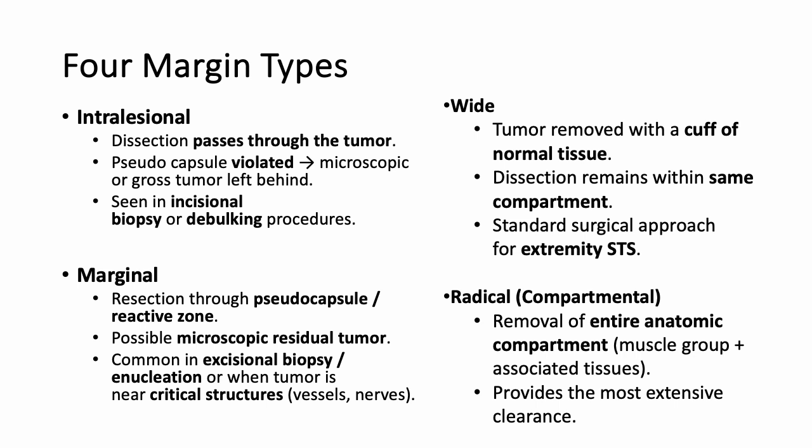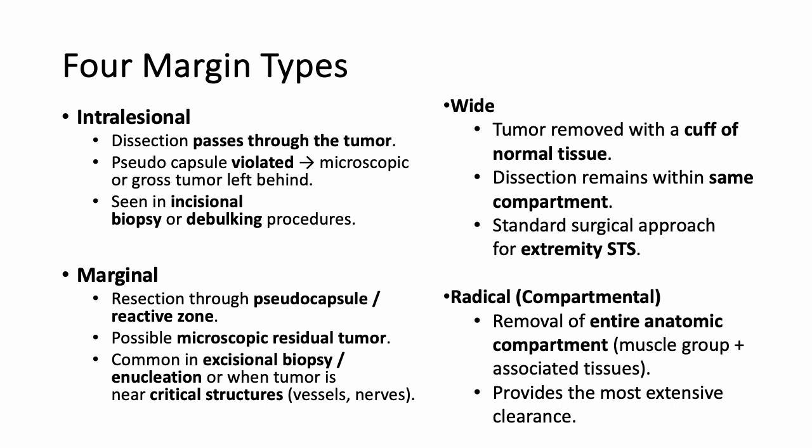Intralesional is when we perform a biopsy, seen in incisional biopsy or some debulking procedure, where we pass through the tumor. The capsule is violated and the field is already contaminated. Marginal is when resection is done through the pseudocapsule or reactive zone, mainly seen in the excisional biopsy that we commonly do, or enucleation.